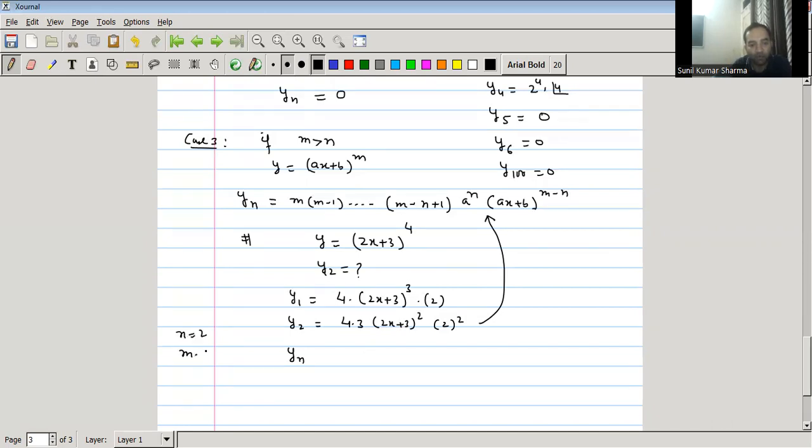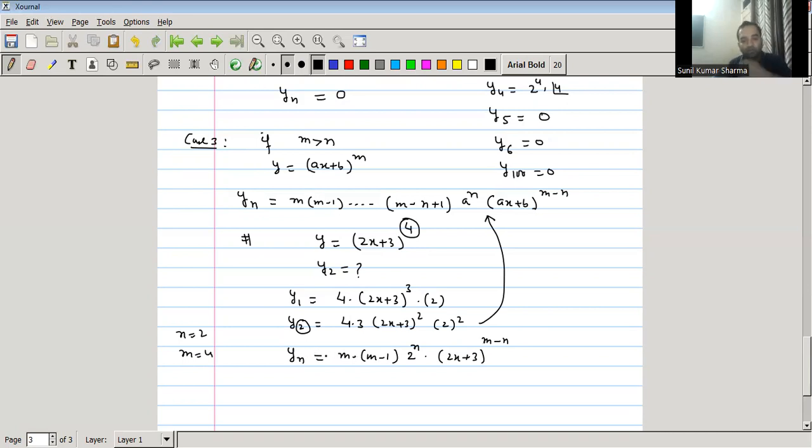So we can write yn equal to m into m minus 1, and so on, into a to the power n, which is 2 to the power n, into (2x plus 3) to the power m minus n. M is 4, n is 2, so m minus n is 2.